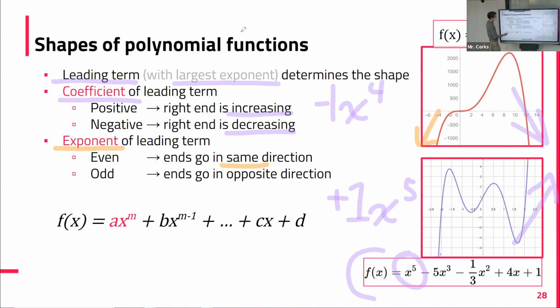And for the one in the bottom right, it's an odd number exponent, so the two ends go in opposite directions. I should have mentioned this. Just in case we don't know, even numbers are things like 2, 4, 6, 8, etc. Odd numbers are 1, 3, 5, 7, etc.